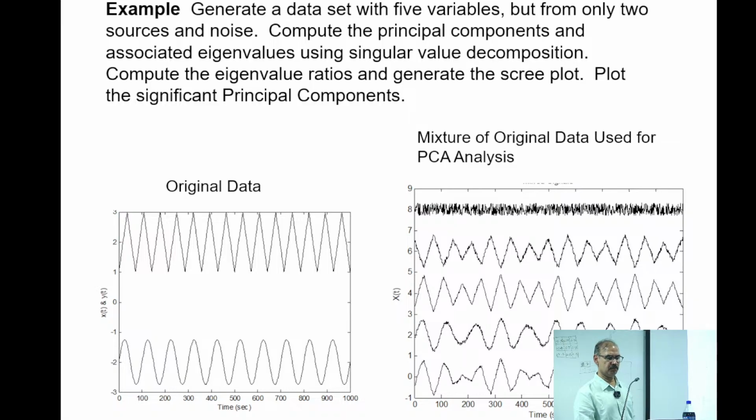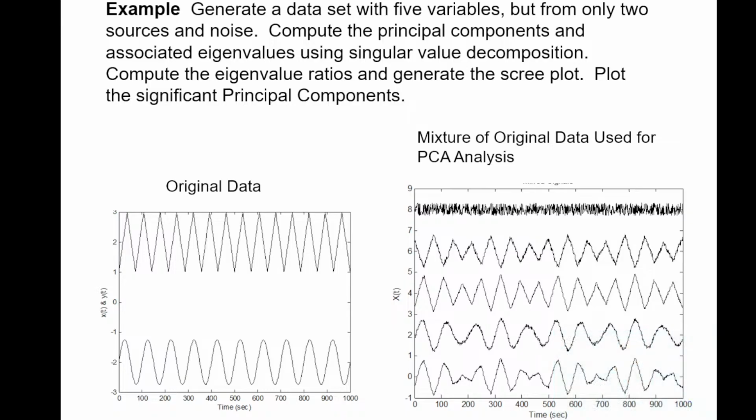So this one is mostly noise. Now that you know how I generated this, you can kind of tell that maybe this one has more weighting from the sinusoidal, while this one has more weighting from the triangle, right? So this is how I had generated it, right?